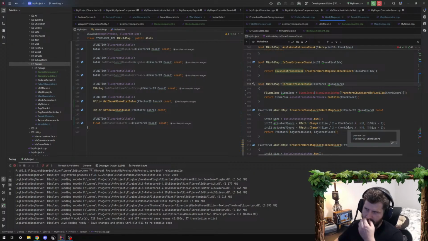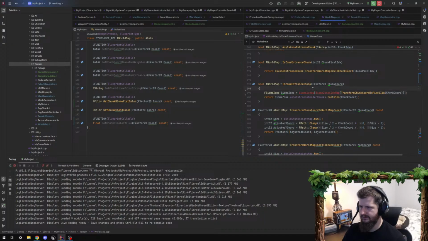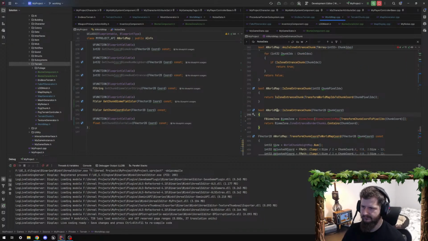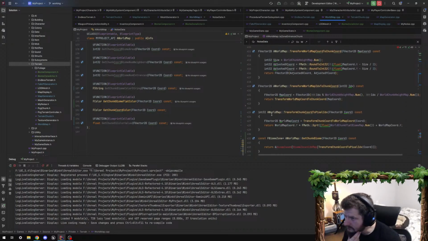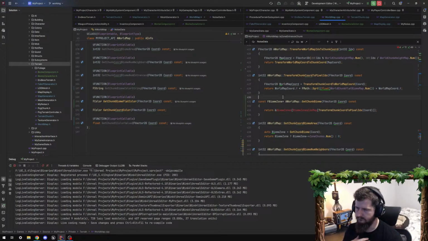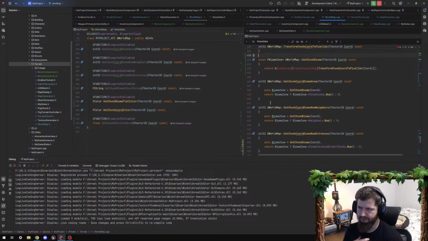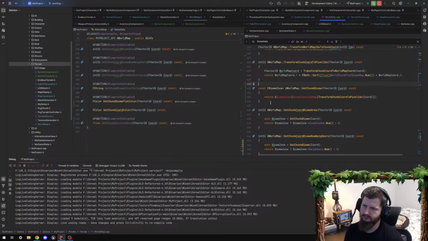So zone entrance chunk. So all the zone entrance, is that biome related stuff? Is that map stuff? And then do I want all this stuff?